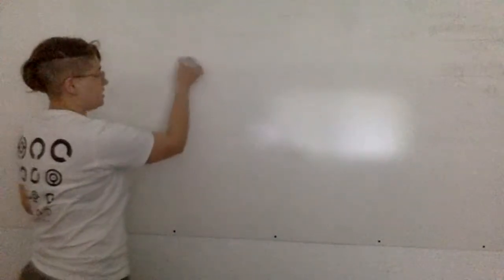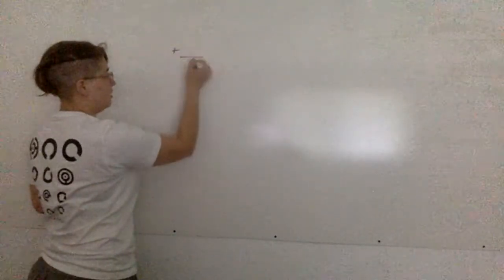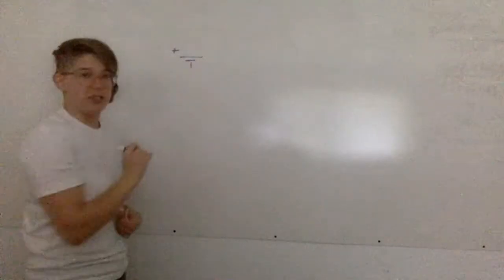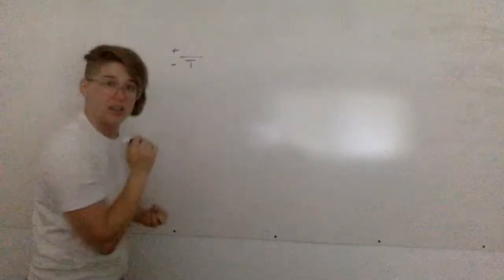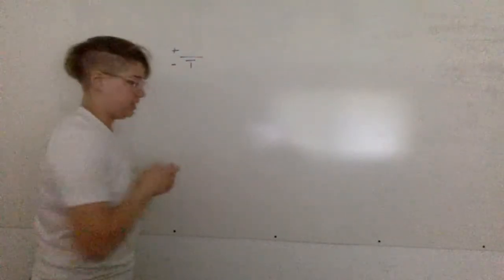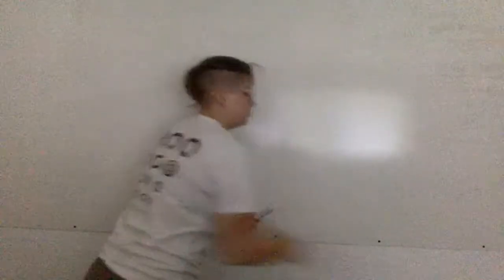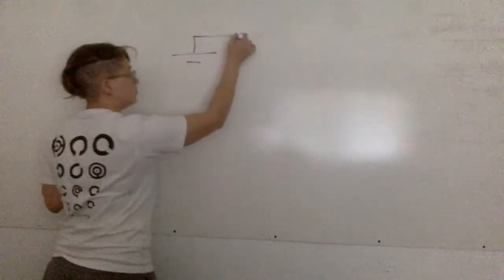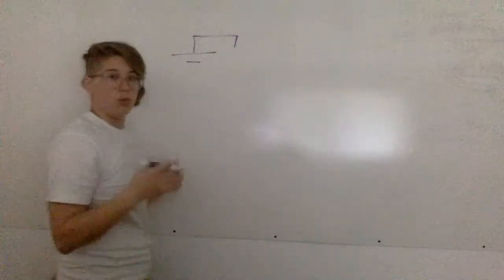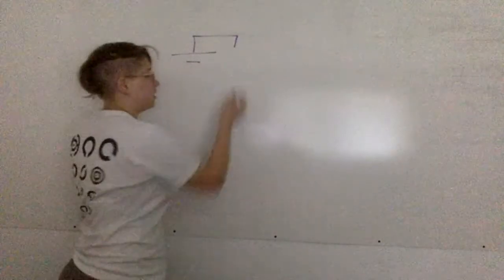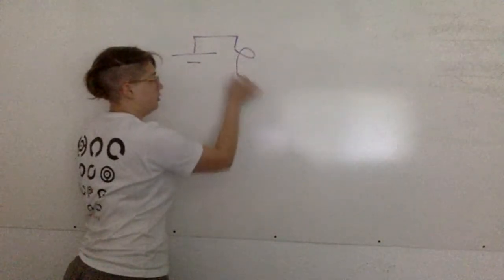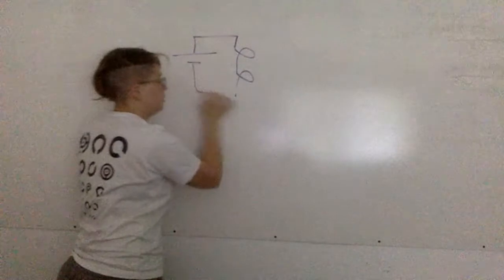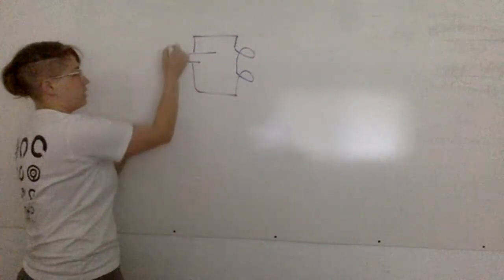So a basic series circuit has a battery, a positive and a negative side. I'll draw that a little larger so it's a little small to me. And it's one light bulb after another. So we draw a light bulb and a light bulb, and then there's our wire going back to our battery.